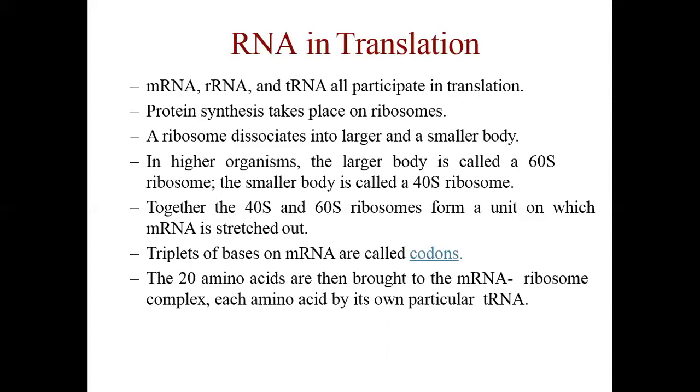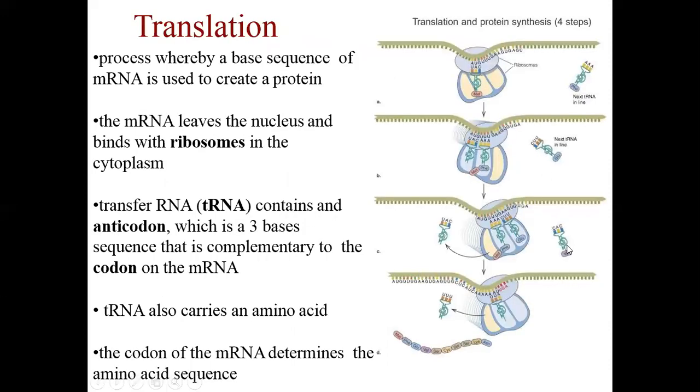After forming the total protein synthesis machinery, the triplets of bases of mRNA, known as codons, are used for the insertion of charged tRNA. Charged tRNA means the tRNA which is carrying the amino acid. For a particular amino acid there is a particular tRNA, and when the charged tRNA comes, it sits onto the respective codon, and after sitting on the respective codon, translation is initiated. The whole process is depicted in short and contains basically four steps.